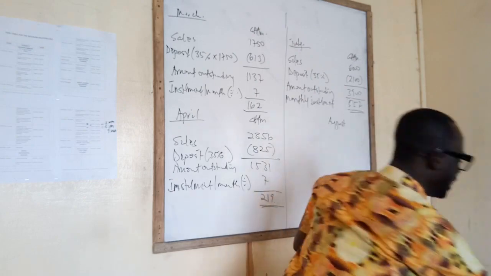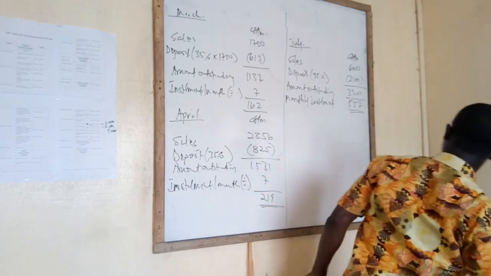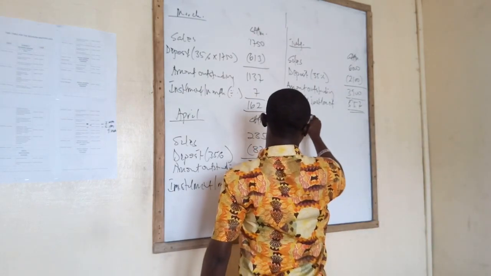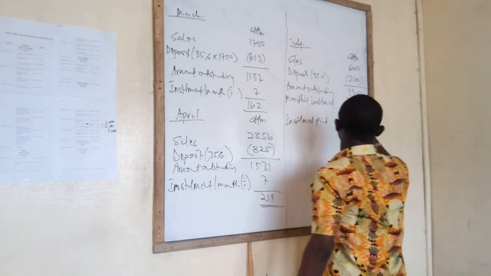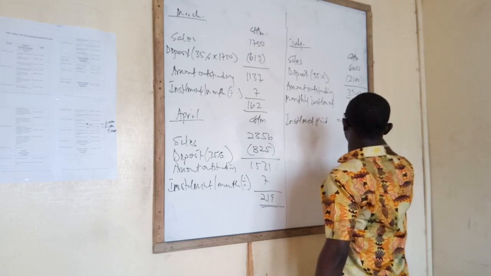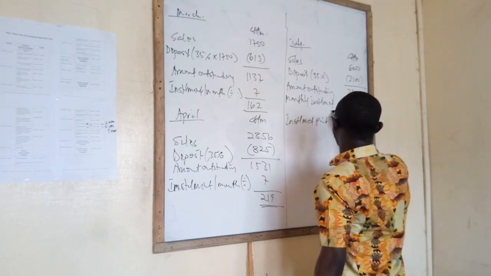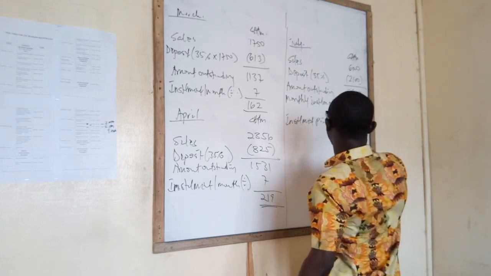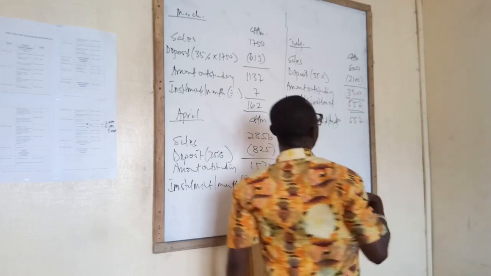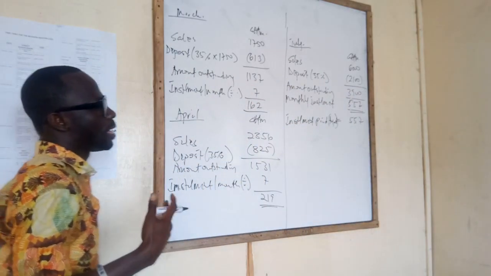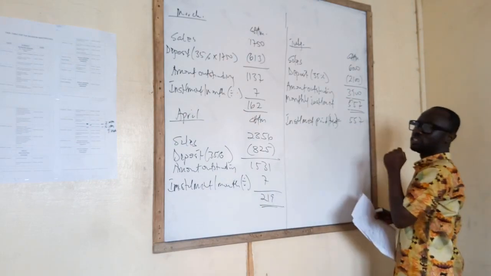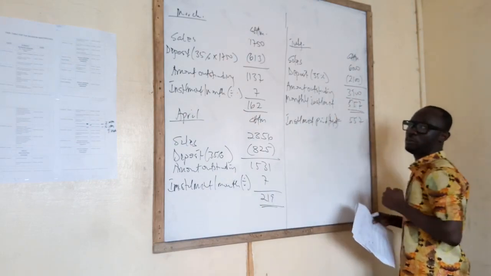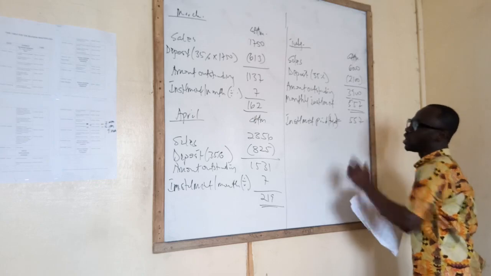So meaning that the only installment they paid was 557, which is the August one. So they didn't pay in September. They didn't pay October. So that one, this is the only thing we will take into consideration. We will come back to the repossession account on this one.